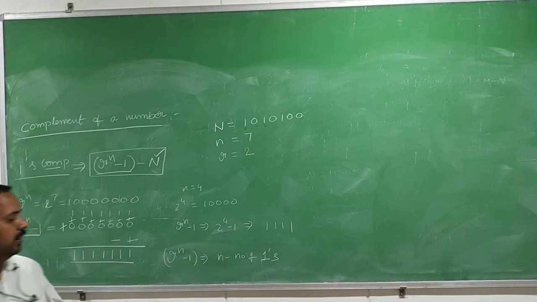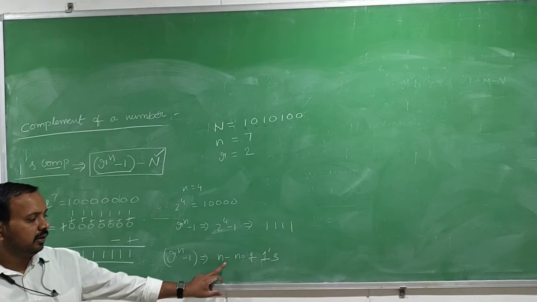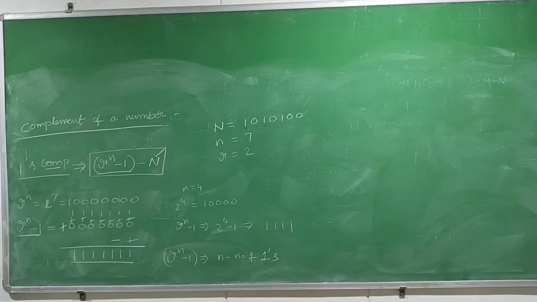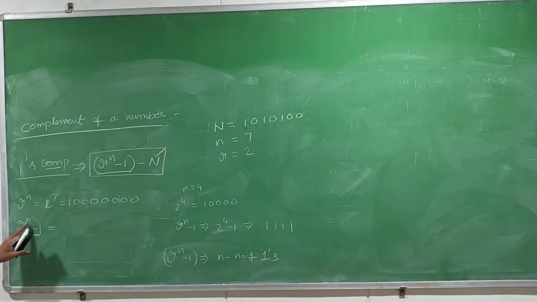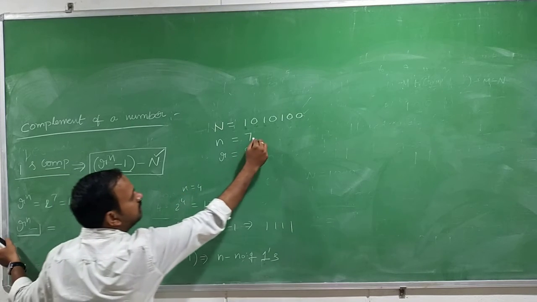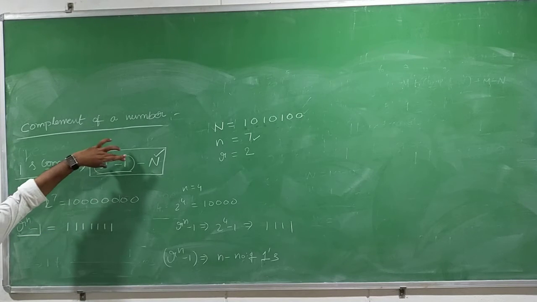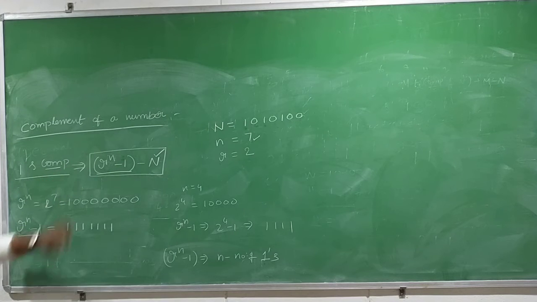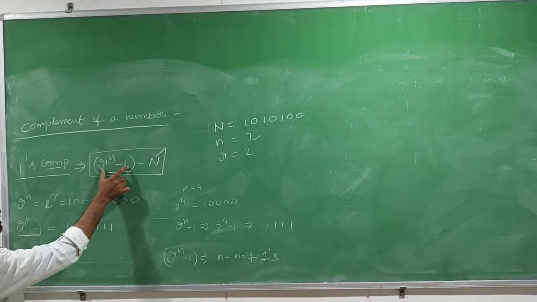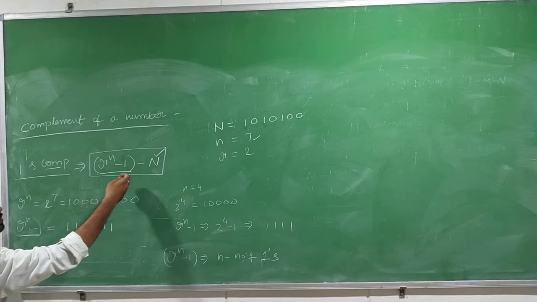So in this case, directly here I am writing n number of ones. What is n here? N is 7, so 7 ones. Now r power n minus 1 became 7 ones here. In the general case it becomes n number of ones. What is n?